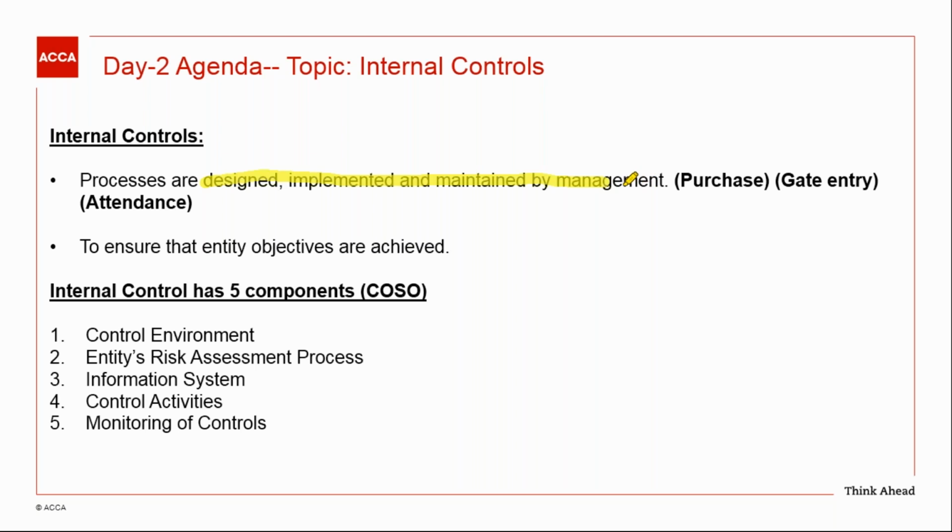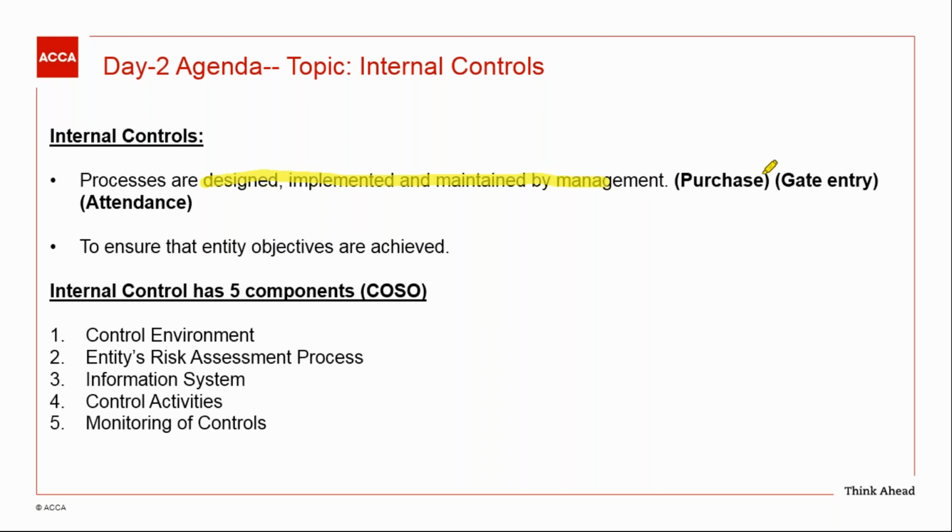We can say both elements, error and fraud, not only error, not only fraud. So internal controls are designed, implemented and maintained by the management to prevent and detect fraud. Okay, so this is the generic definition, but I will give you some examples. After these examples, you will be able to understand what internal controls are.